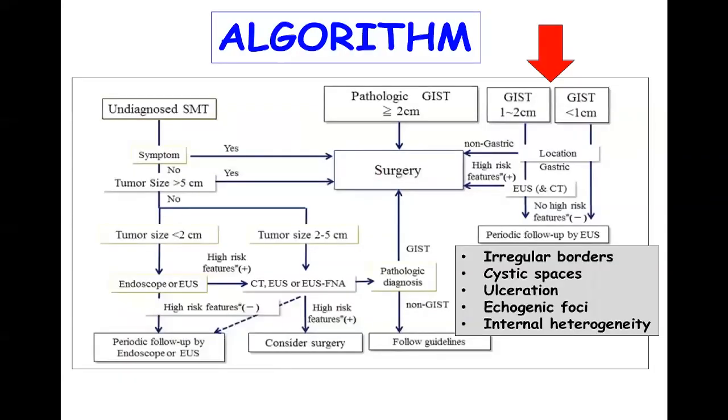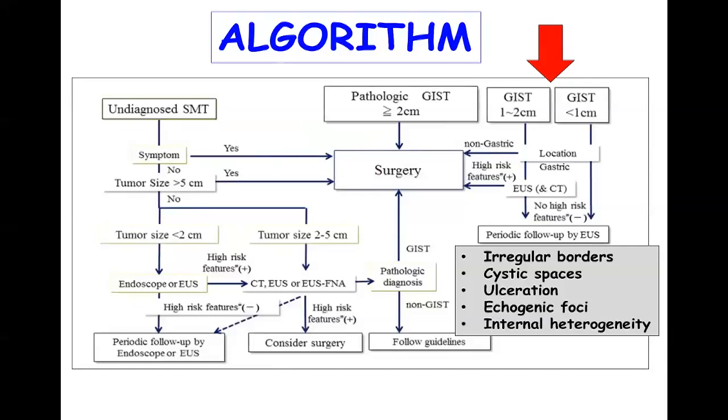In case of discovery of micro or mini GIST, if located not in stomach, surgery.